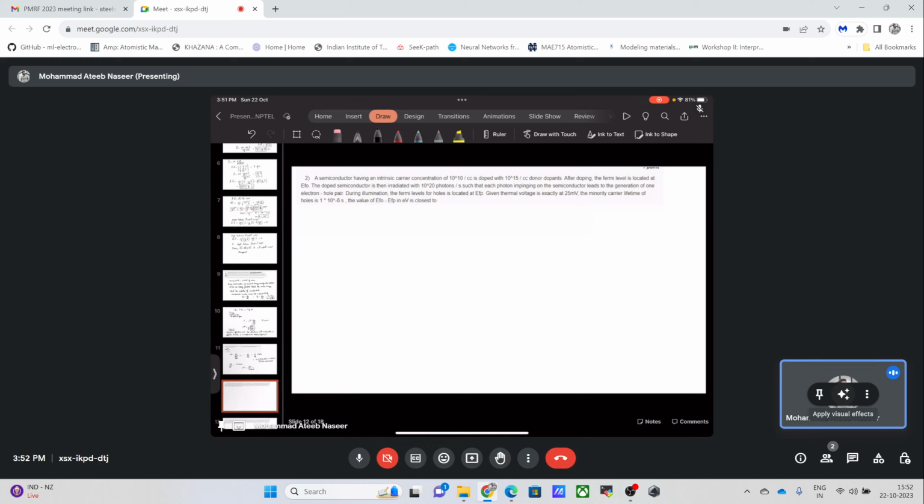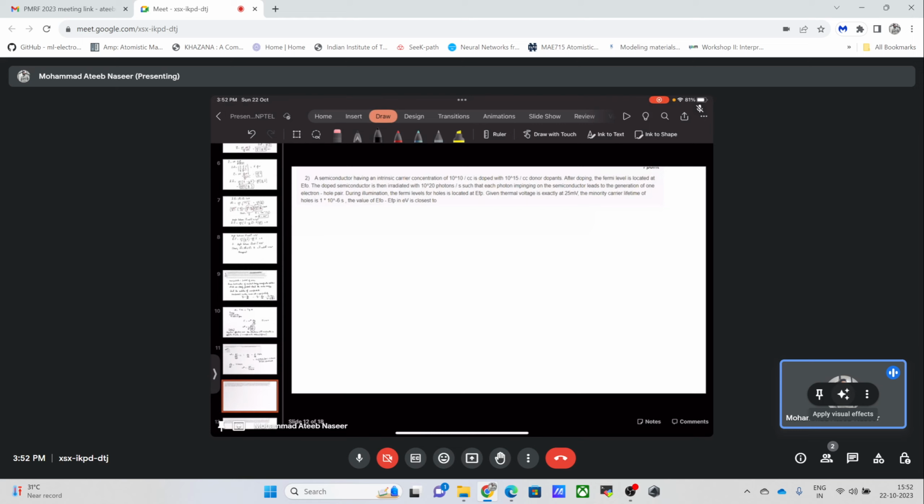We have been obtaining these carrier concentration relations in terms of the energy. So this problem says that this semiconductor has an intrinsic carrier concentration of 10 to the power of 10 per cubic centimeter, and is doped with 10 to the power of 15 donor dopants.